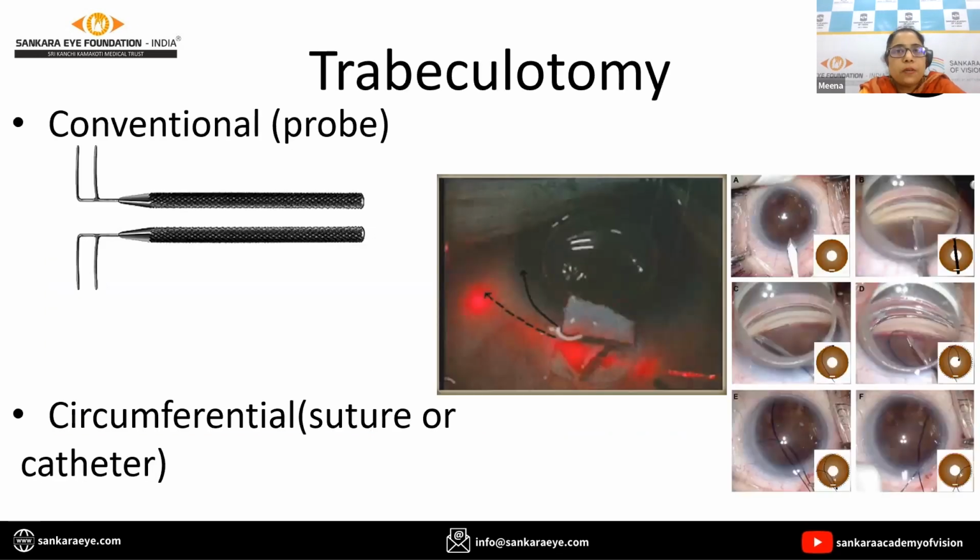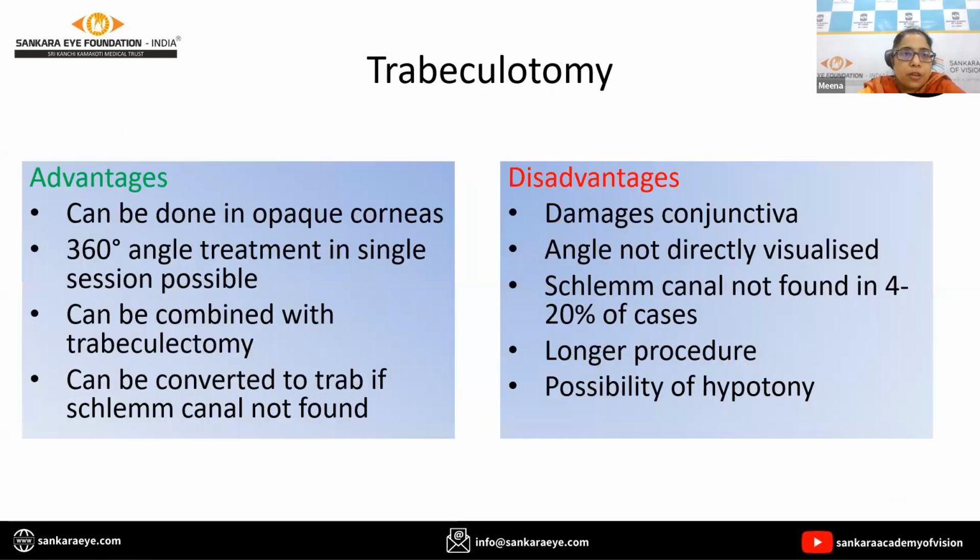The other procedure which is commonly performed is called trabeculotomy, and this is a conventional probe method, using the Harms trabeculotome. You can also use a circumferential suture or catheter trabeculotomy. There are multiple methods to do the trabeculotomy, and you can use multiple blades and instruments, but the conventional one is using a Harms trabeculotome.